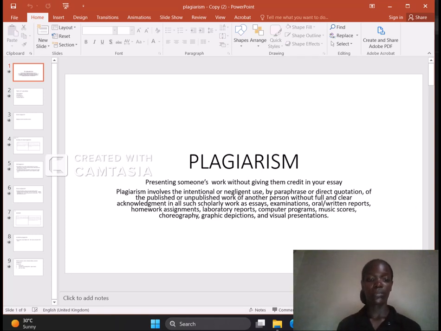So plagiarism involves the intentional or negligent use of information by paraphrasing or direct quotation of the published or unpublished work of another person without full and clear acknowledgement, in all scholarly work such as essays, examinations, oral written reports, homework assignments, laboratory reports, computer programs, music, and many more.